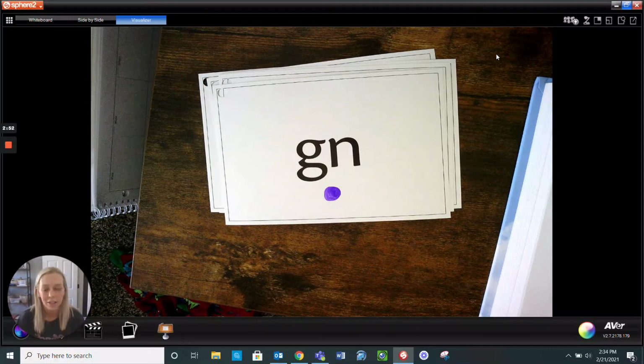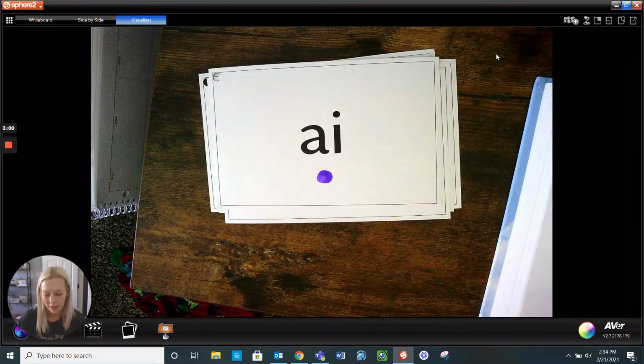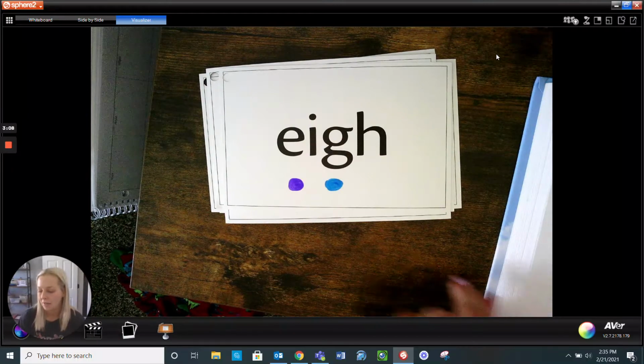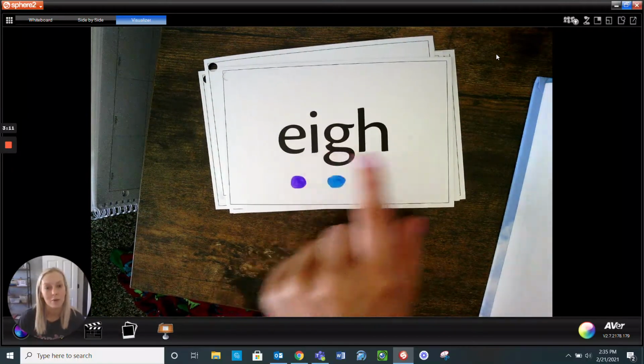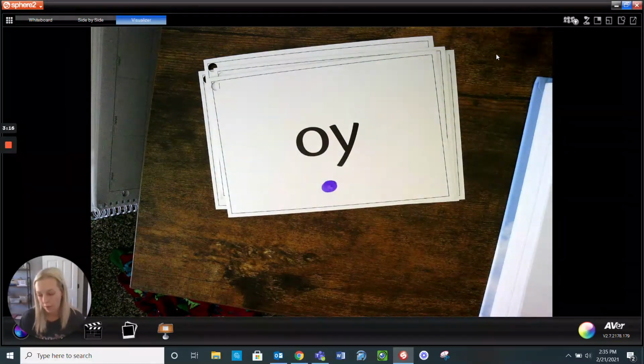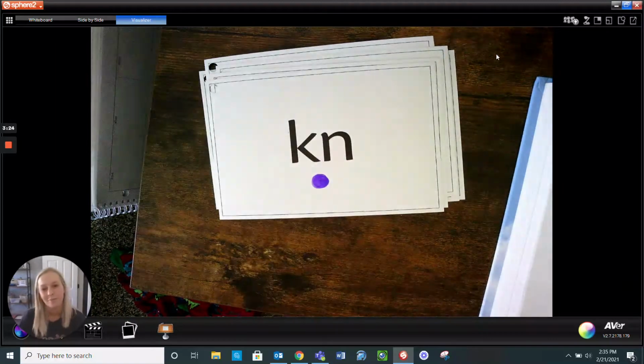N, 2-letter N, used at the beginning or the end of a base word. A, 2-letter A, that may not be used at the end of English words. I, used at the beginning of a base word or before a T. Oi, 2-letter Oi, that may not be used at the end of English words, or that may be used at the end of English words. N, 2-letter N, used only at the beginning of a base word.